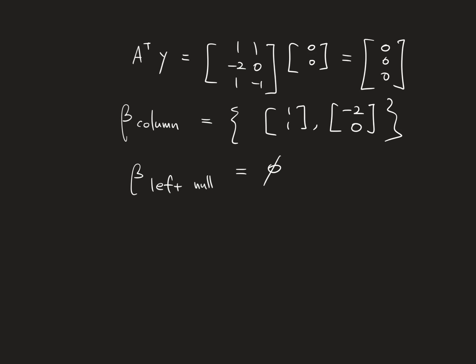The row space and null space are orthogonal spaces, and the left null space and column space are orthogonal to each other.